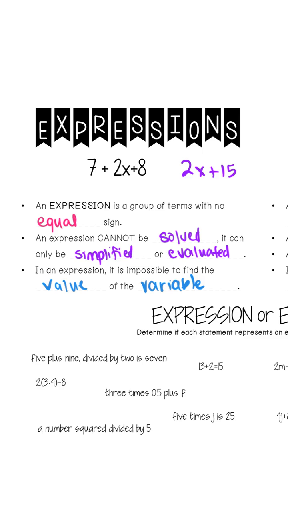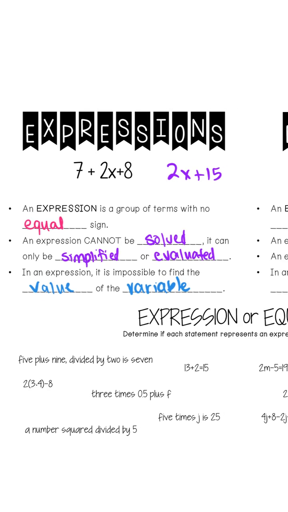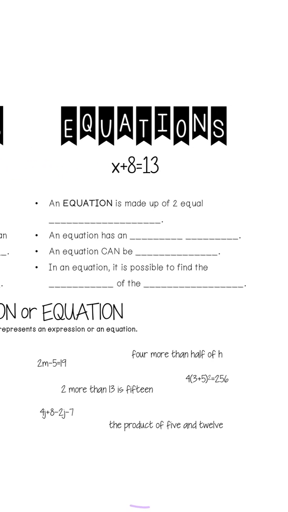But that leads us to an equation. An equation is made up of two equal expressions. So if I have x plus 8 equals 13, x plus 8 is an expression, and 13 is an expression. So it's made up of those two equal expressions.